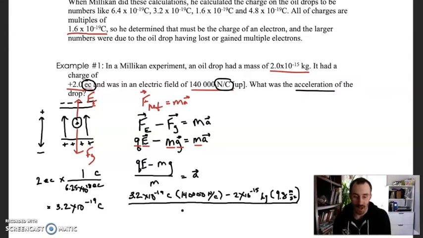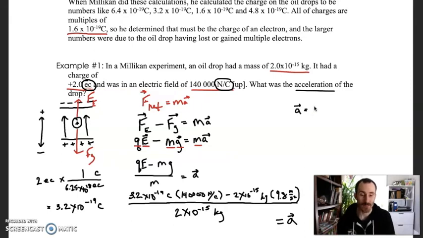Divide that by my 2 times 10 to the negative 15 kilograms. And that gives me my acceleration. And when I do that calculation, I end up with 12.6 meters per second squared.